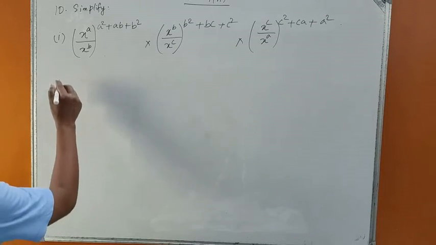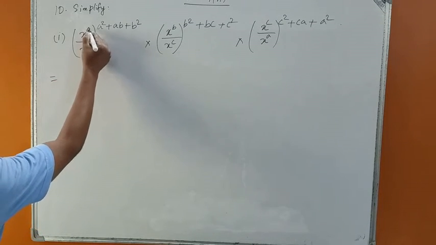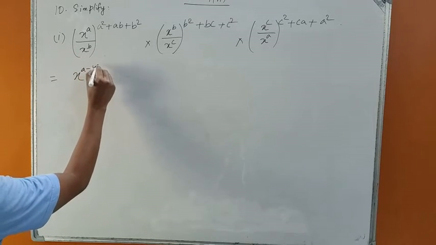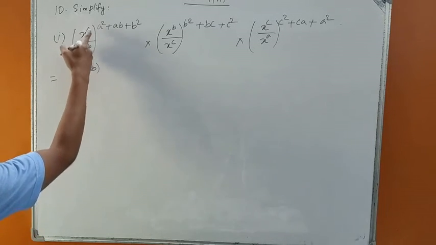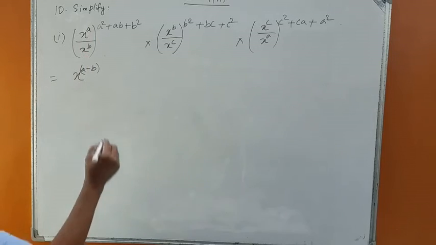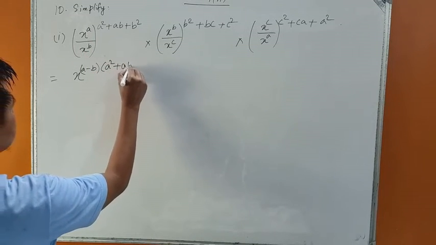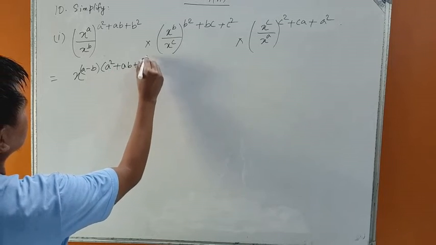Now let's do this. x to the power a upon x to the power b means x to the power a minus b. Okay, this plus b goes to the numerator and becomes minus b, into we have a square plus ab plus b square.